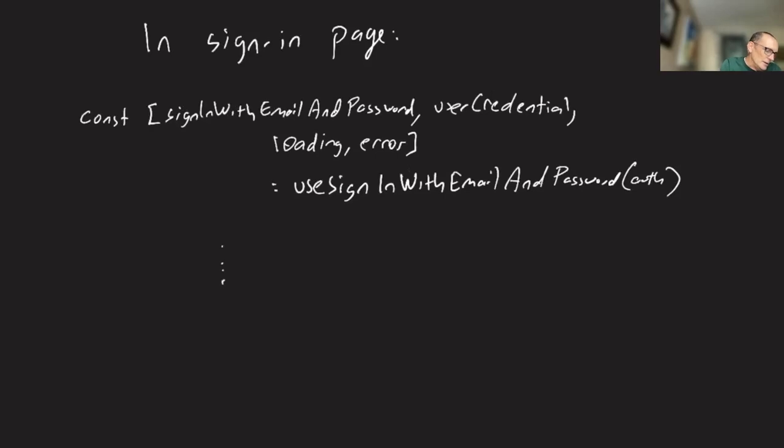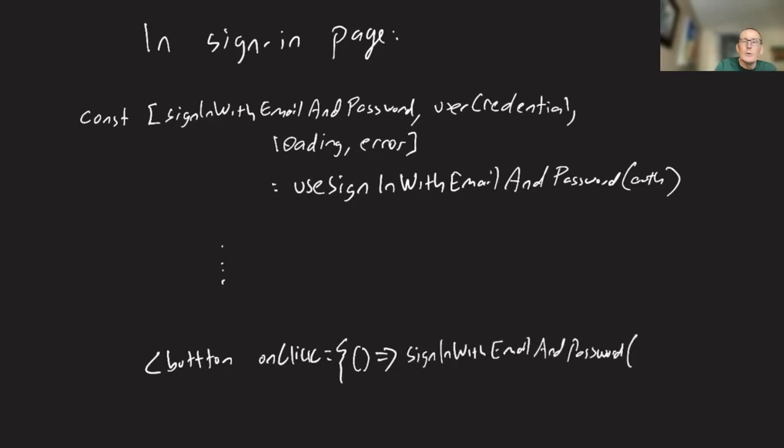So somewhere down here, we'll probably have a button, and on click, we're going to go ahead and sign in with email and password. And guess what parameters you need to pass? An email and a password. The email and password presumably is going to come from a text field that the user types into. So as is standard, we will have a text field for email.